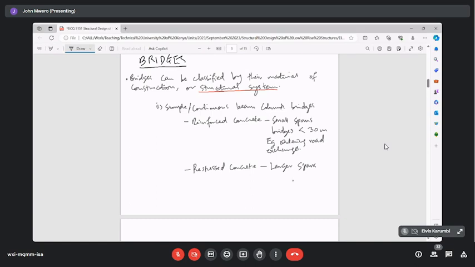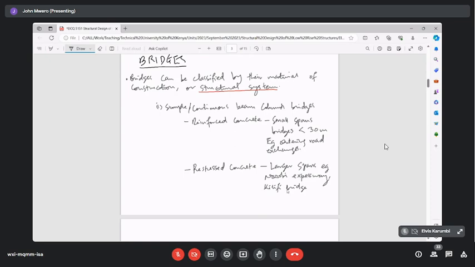But a good example closer home is Nairobi Expressway. Most of our other big bridges in Kenya, like the Kilifi Bridge, are also pre-stressed concrete.